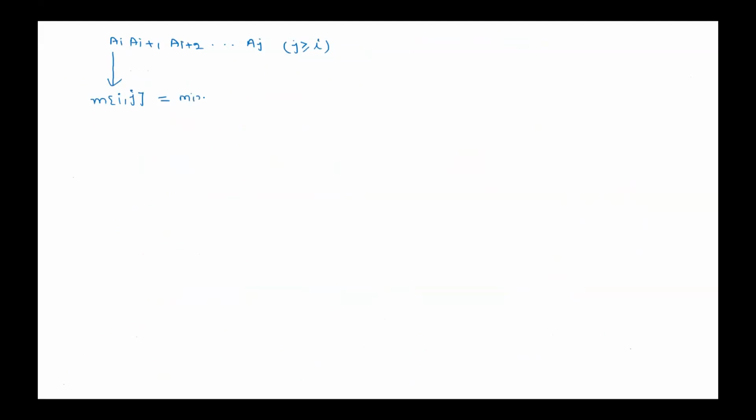What is M(i,j)? Minimum number of scalar multiplications required to find the product Ai to Aj. Is that okay?